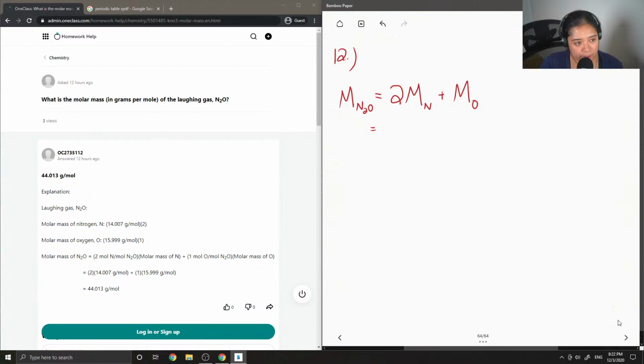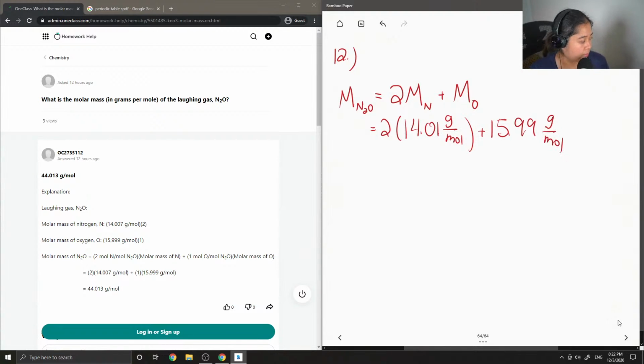So again, on the periodic table, you'll find that the atomic mass of nitrogen is 14.01 grams per mole, and the atomic mass of oxygen is 15.99 grams per mole. So adding these values up, we get a total of 44.01 grams per mole.